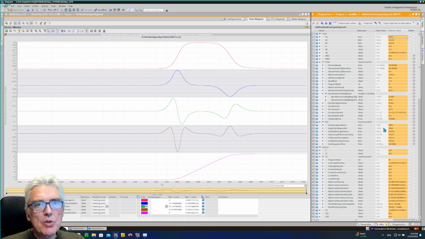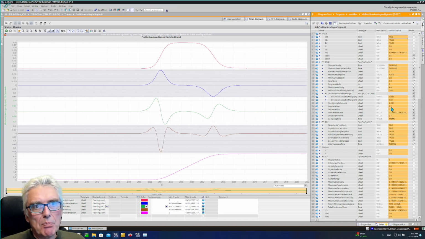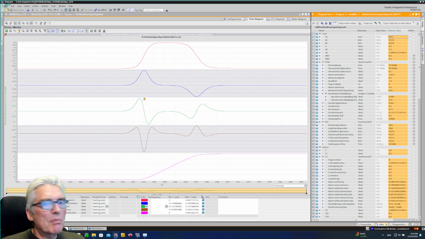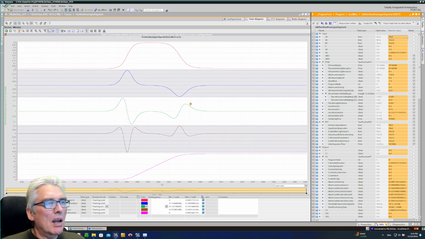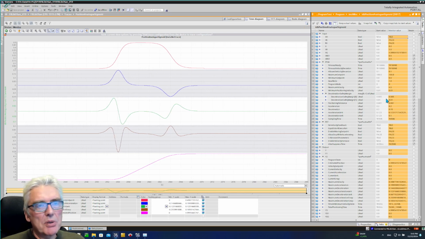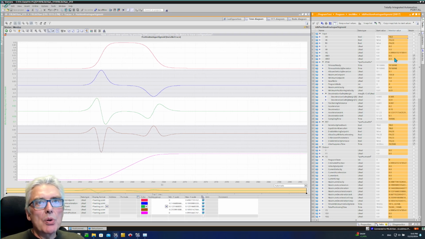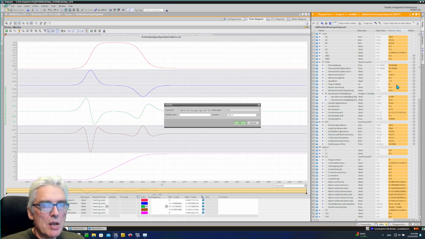Here's the jerk, and the jerk specified here. This one is matching 0.2. So I would expect to get 0.123, and this one is not matching. So those are arbitrary. So that was step mode.